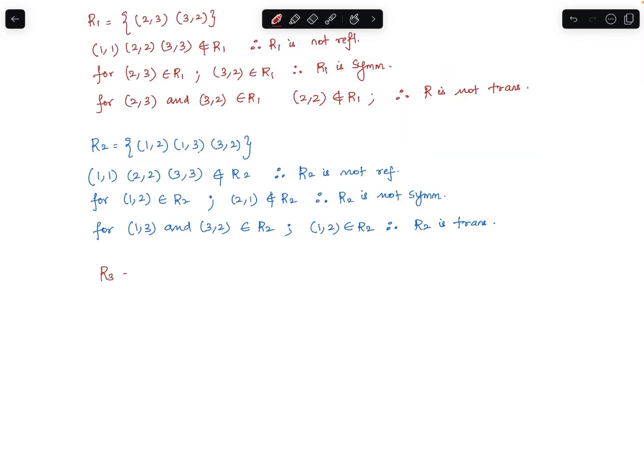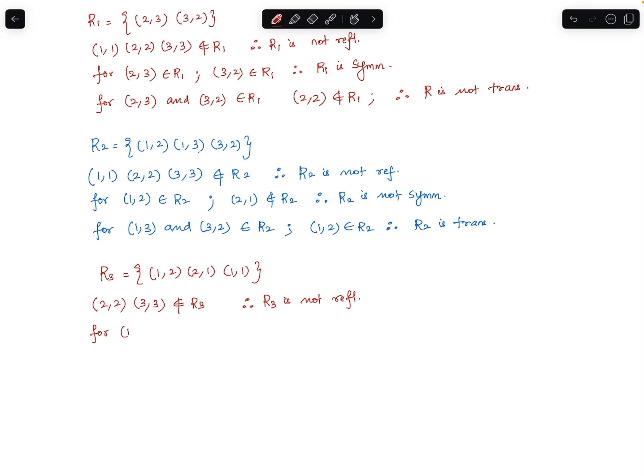The relation R3 is given by 1, 2, 2, 1 and 1, 1. Here 2, 2, 3, 3 are not present in R3. Therefore, R3 is not reflexive.